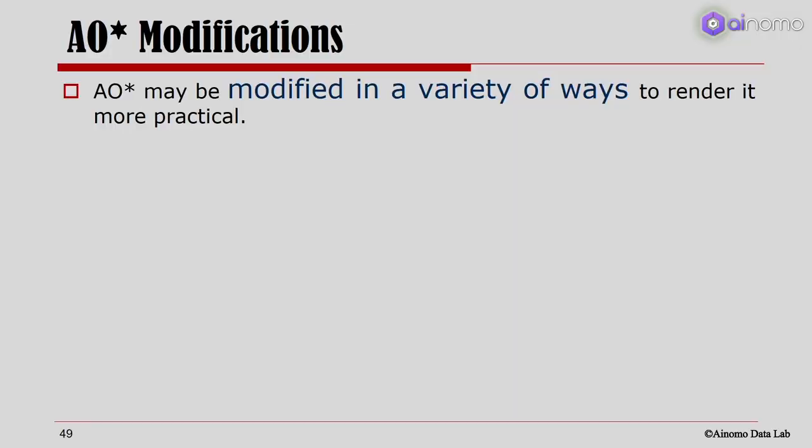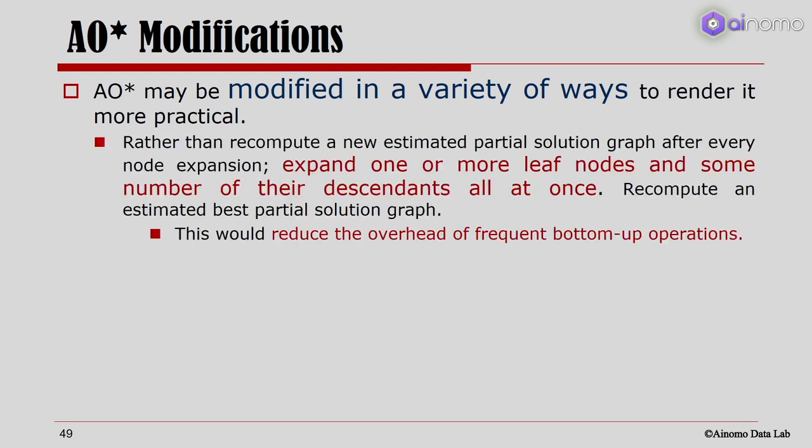The AO star algorithm that's used for searching AND/OR graphs can be modified in a variety of ways to render it more practical. We can recompute a new estimated partial solution graph all at once.